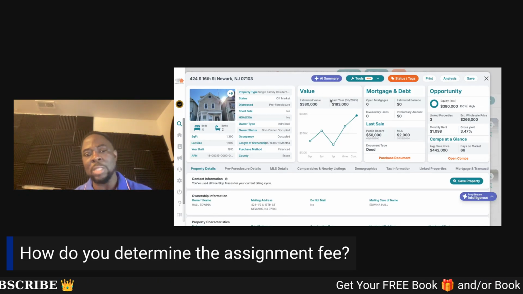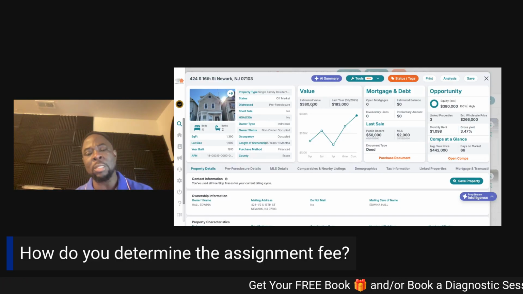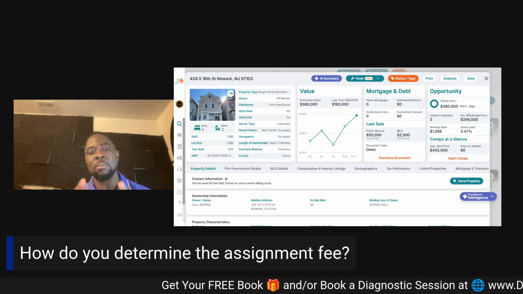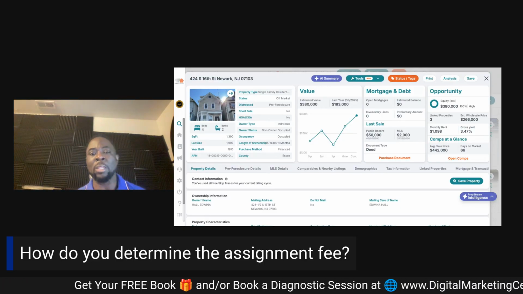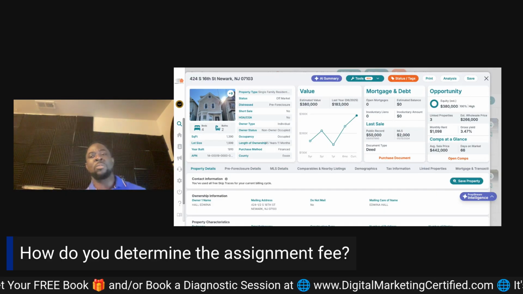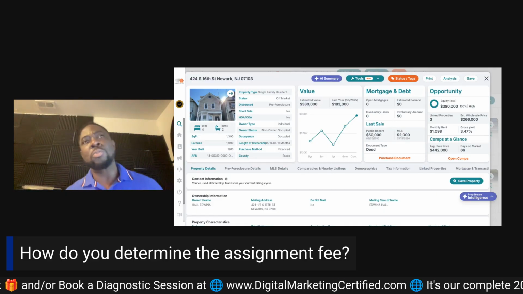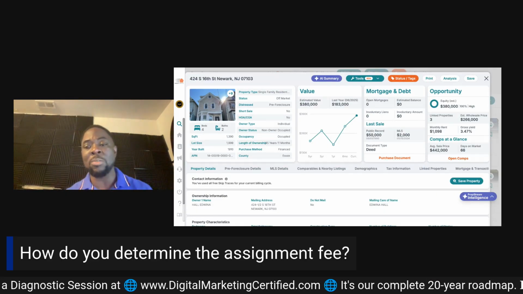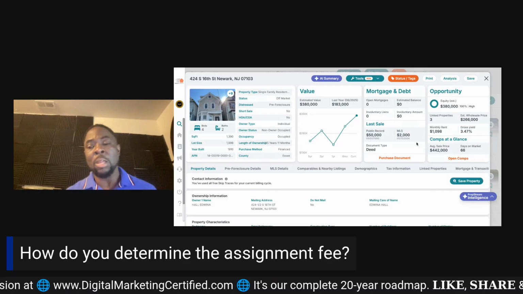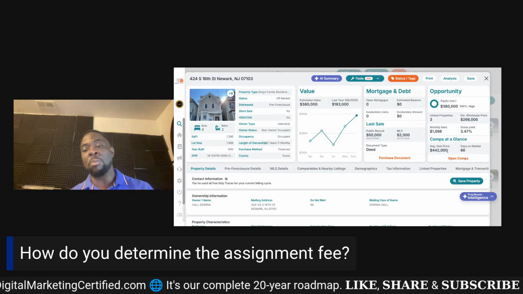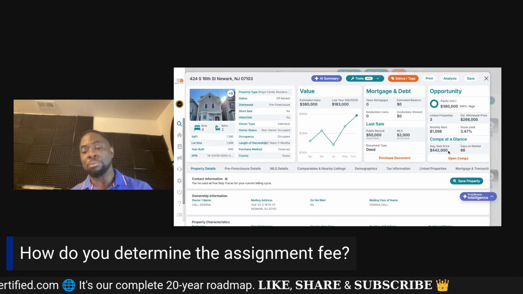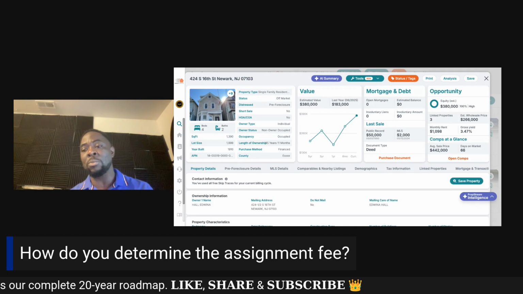They're saying this is an estimated value of 380, but we obviously want to do some comparable market analysis to make sure that number is good. It's showing here that the average sale price in that location is about 442,000.